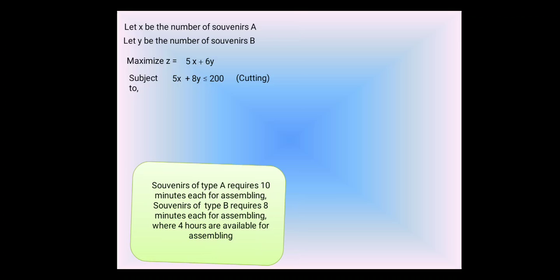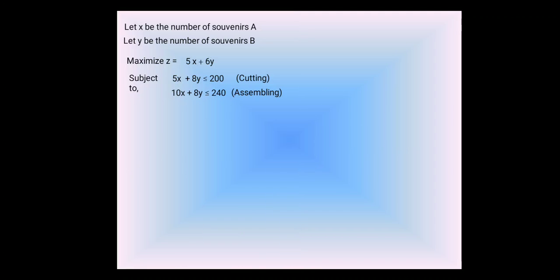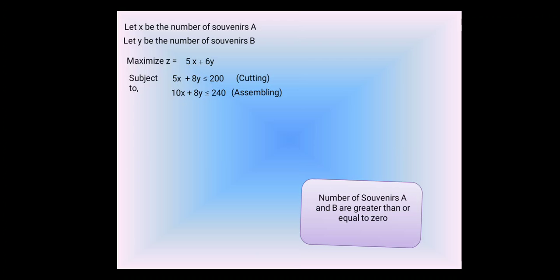Therefore, again we have to convert 4 hours into minutes, giving 10x + 8y ≤ 240, because 4 hours is the same as 240 minutes. This is for assembling. The numbers of souvenirs A and B are greater than or equal to 0, that is x, y ≥ 0.